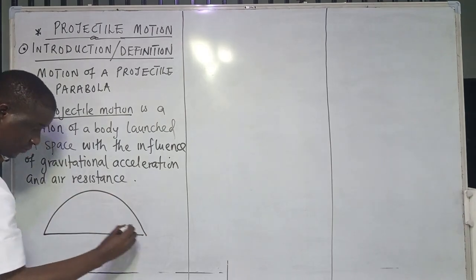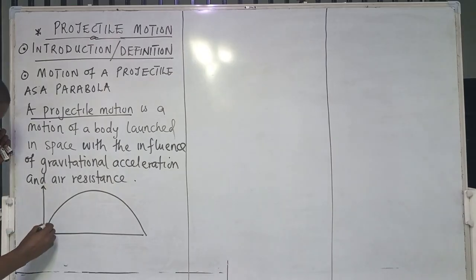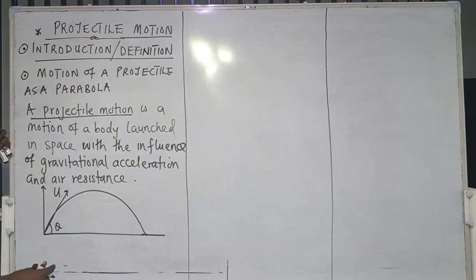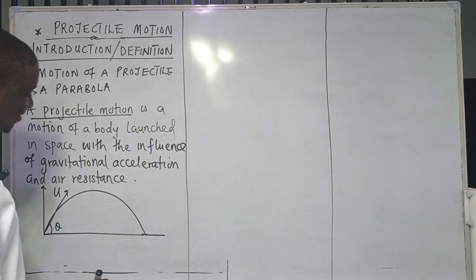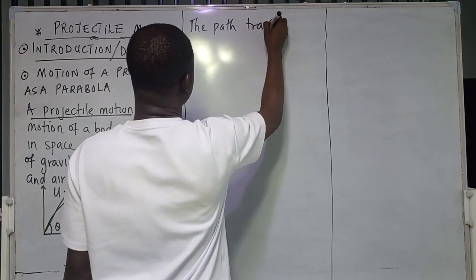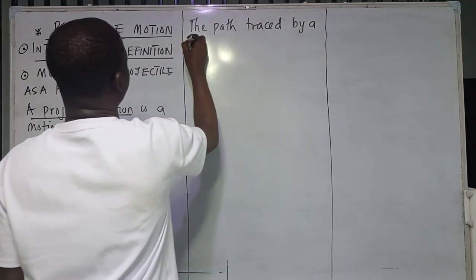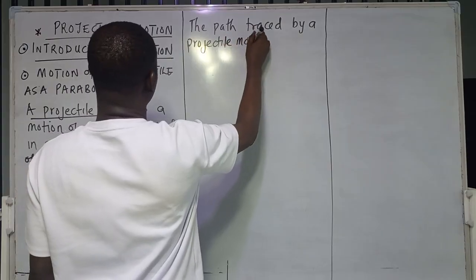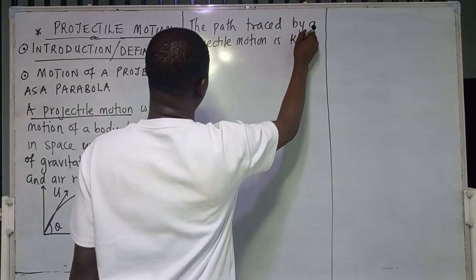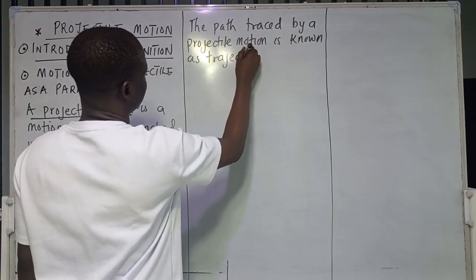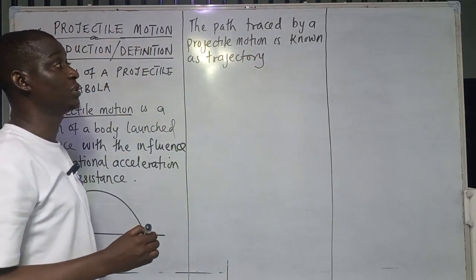Let me just sketch it. This is launched, and given an initial velocity. The path traced by a projectile motion is known as the trajectory.